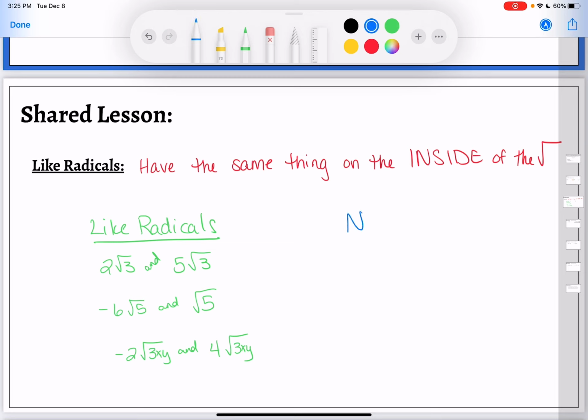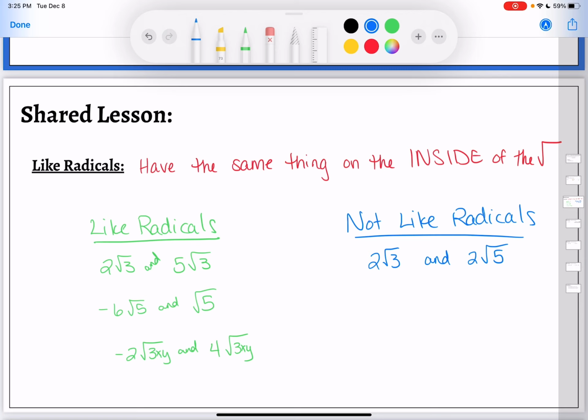So things that are not like radicals would be things like 2 radical 3 and 2 radical 5, right? The number on the outside is the same, but not the number on the inside, so those are not like radicals.